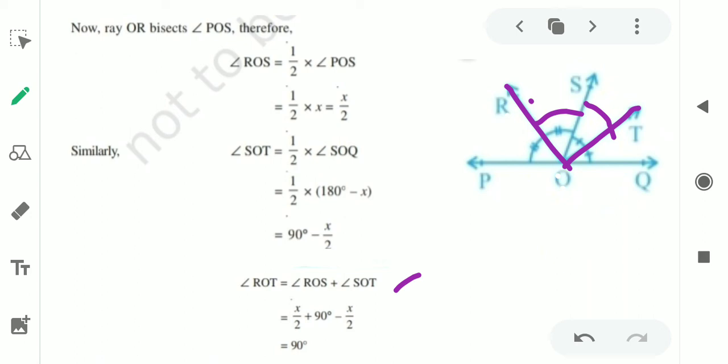So we can write angle ROT equals angle ROS plus angle SOT. Put the values: angle ROS we got X by 2 and angle SOT we got 90 minus X by 2. It will cancel. Then we will find angle ROT equals 90 degrees.